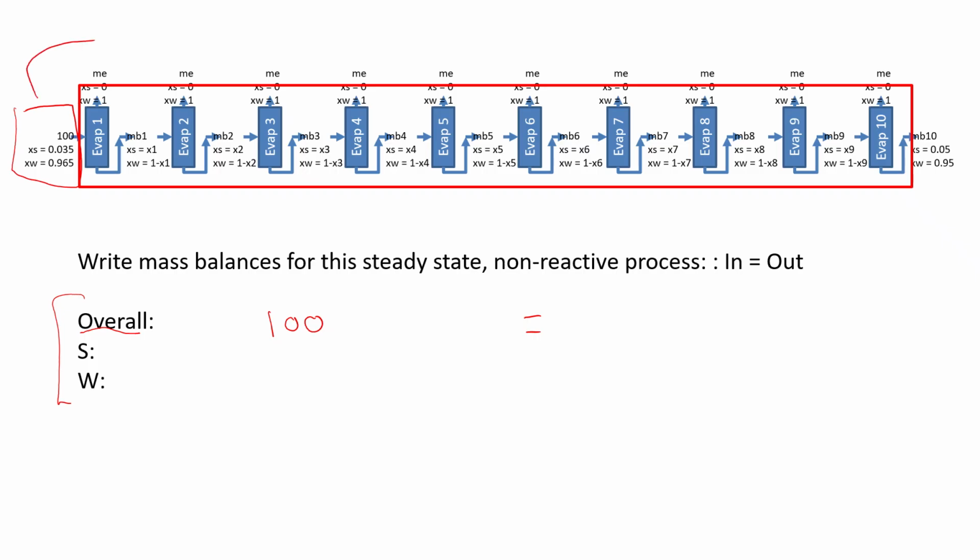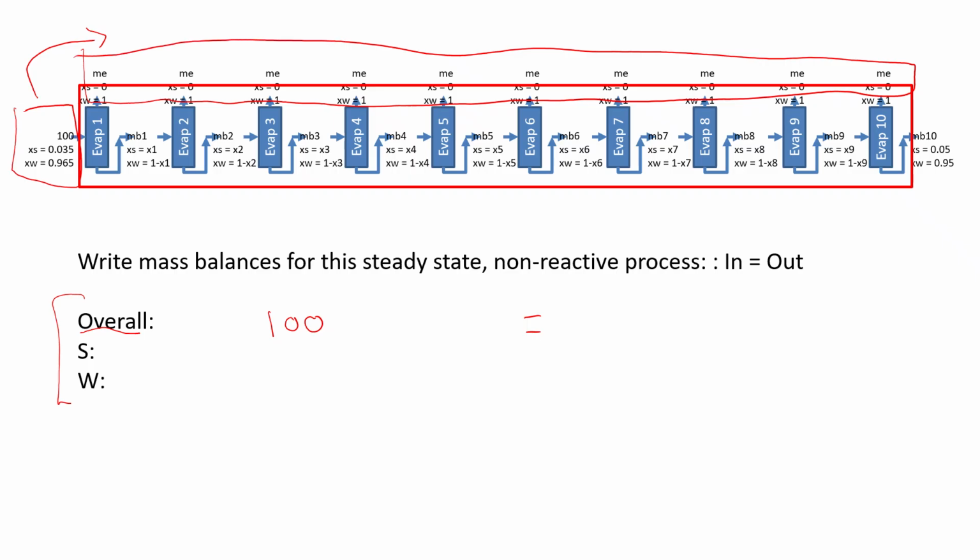Now we're going to proceed clockwise around the control volume and look at each of the streams that cross the top of this control volume, which are the streams associated with the water, the pure water, which is our product that's being evaporated from each of the evaporators. It turns out that if we look at these, the total flow rate of each of these streams is the same, ME.